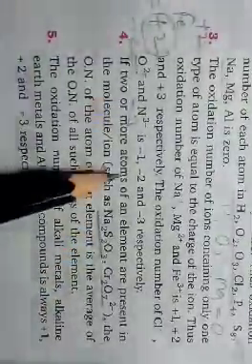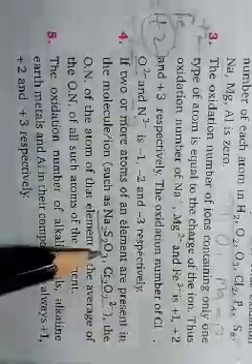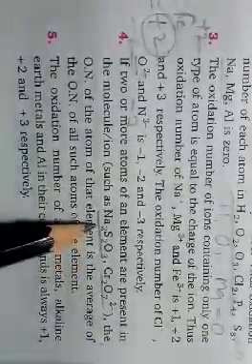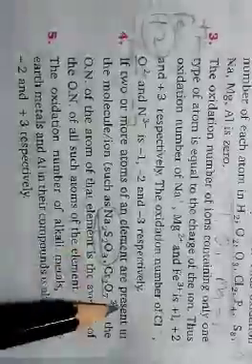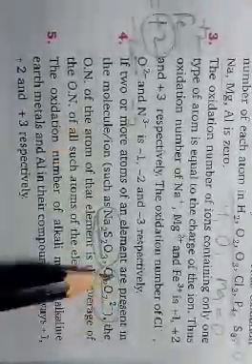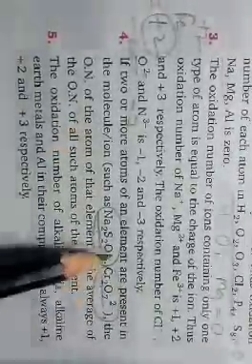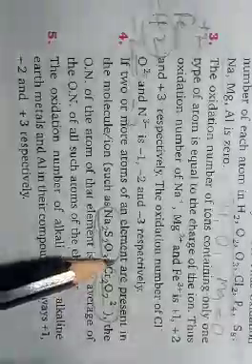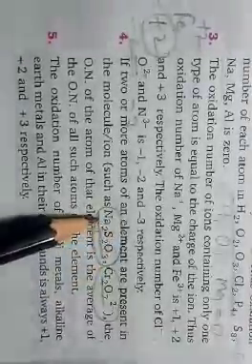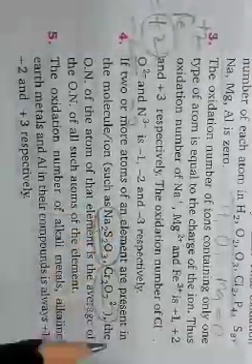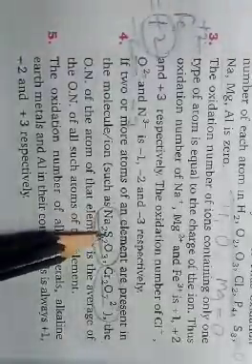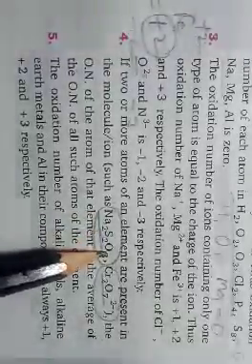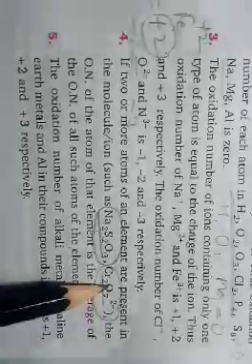So for such units which are made up of more than one different type of atoms, the oxidation state of the whole unit will be the average of the oxidation states of the atoms present in it.